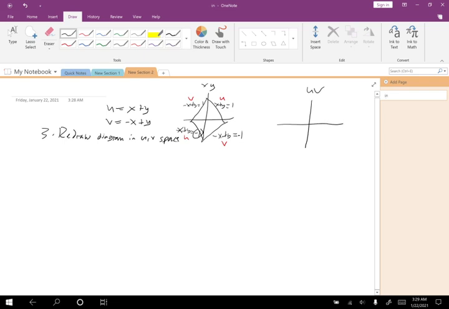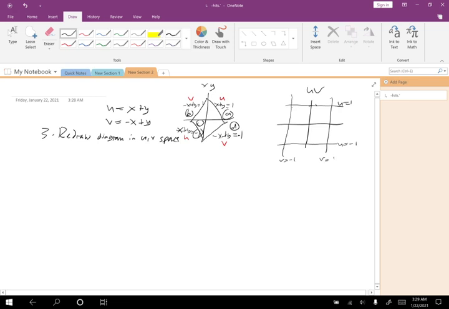So u equals 1. I'm going to call this A, B, C, just to clarify how this is transforming. Really, we have u equals 1. There's also a u equals negative 1. And then there's also a v equals 1 and negative 1.